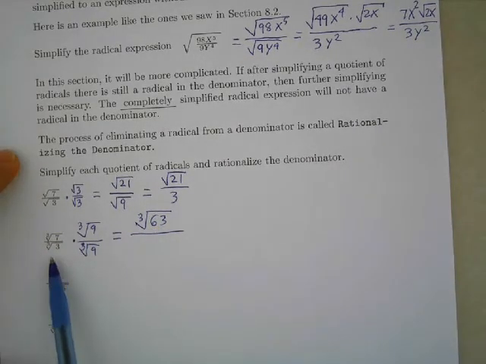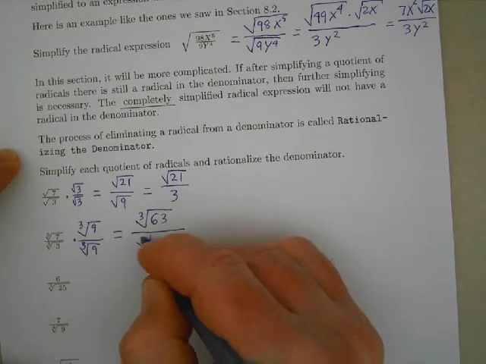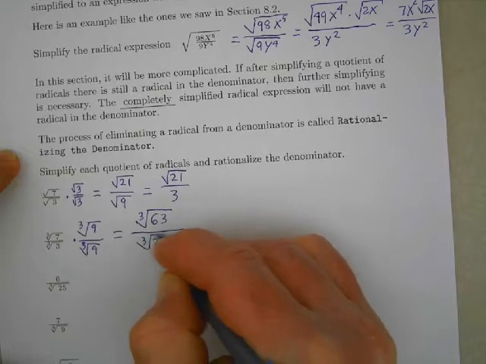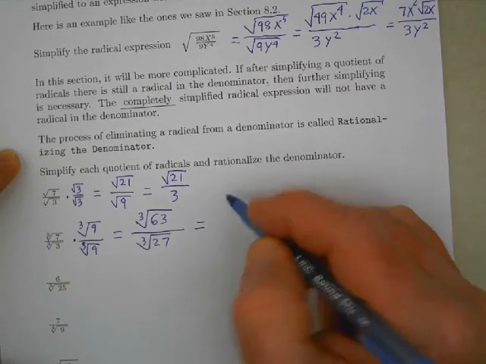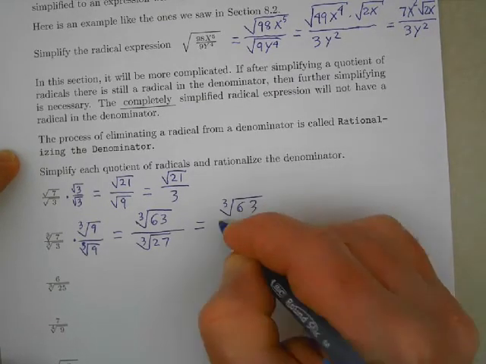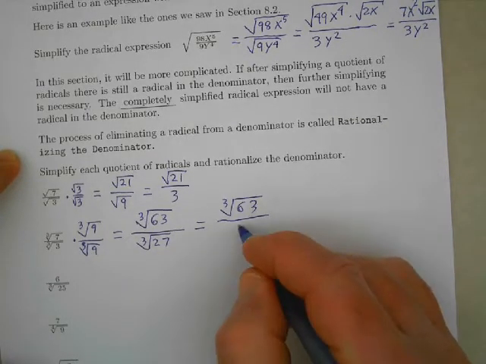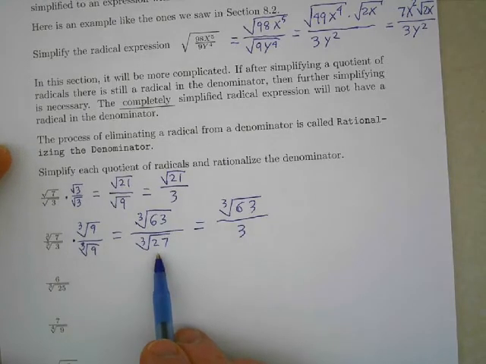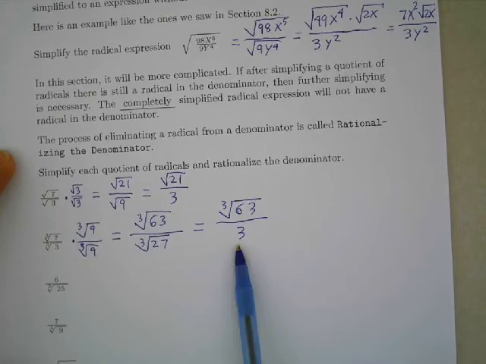And then in the denominator, the cube root of 3 times the cube root of 9 is the cube root of 27, because 3 times 9 is 27. The denominator will be simplified further, because 27 is a perfect cube, and the cube root of 27 is 3. So now we have a denominator that is a rational number. There's not a cube root in the denominator anymore.